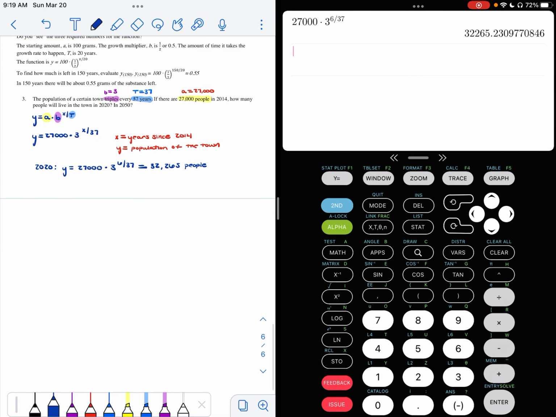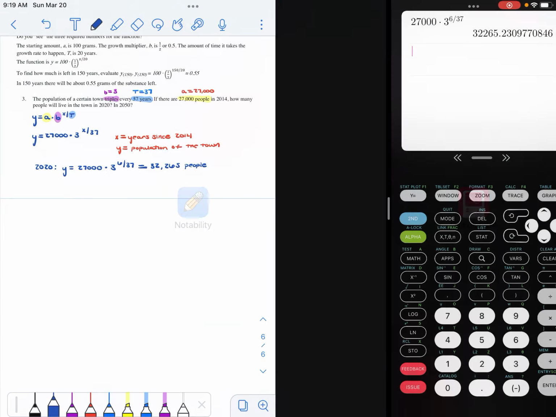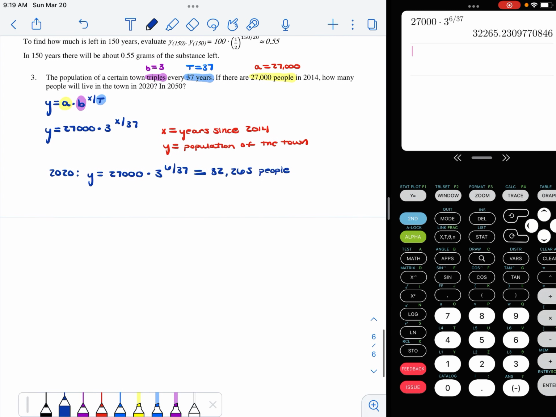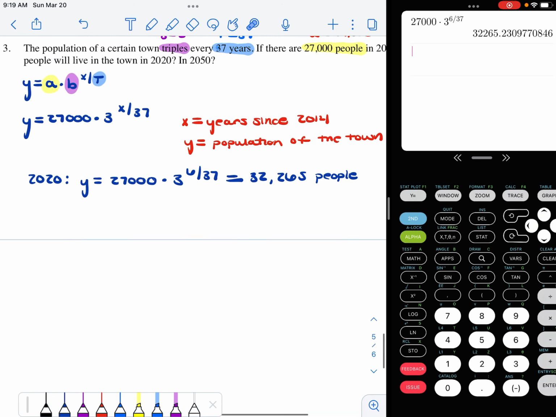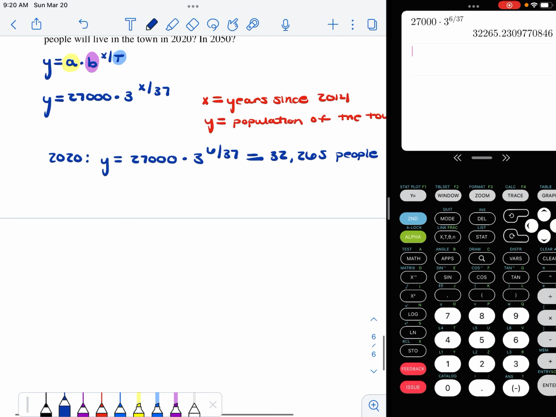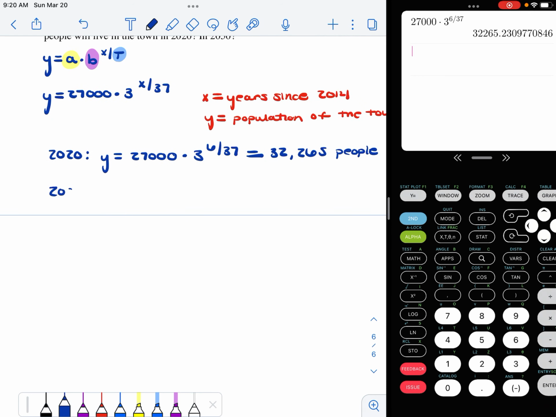So in the year 2020, there would be 32,265 people in this town, according to this model. We saw previously that sometimes these models can break down, but 2020 is pretty close to the initial data of 2014, so I think our model is probably still going to hold up in that amount of time.